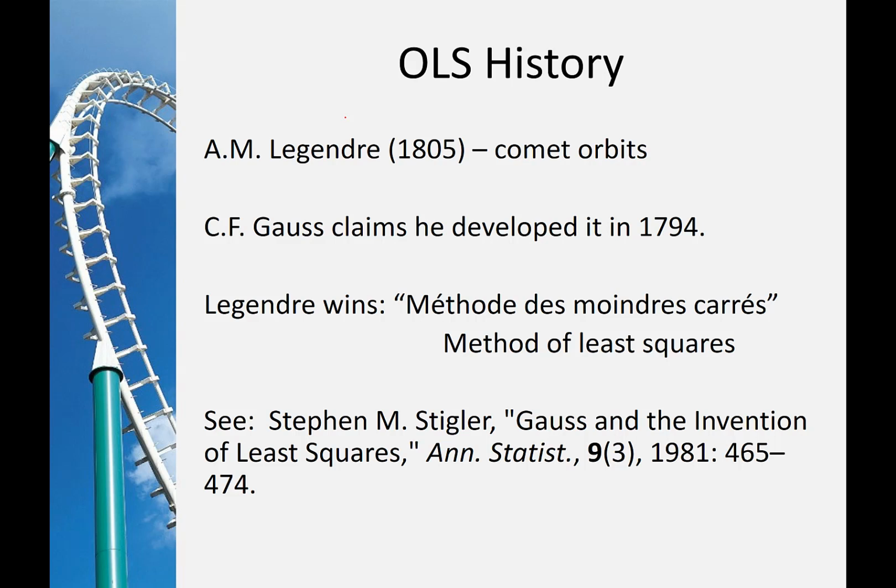Legendre publishes a paper in 1805. People look at his method and they're like, this is pretty cool. You're helping to quantify the amount of variation, or let's say correlation, between two things.